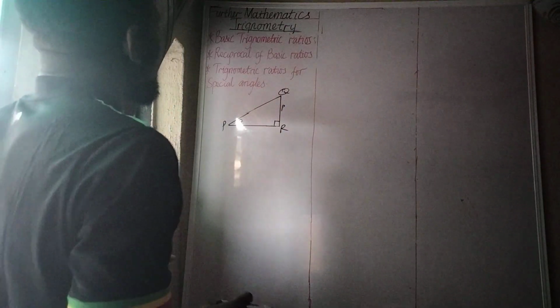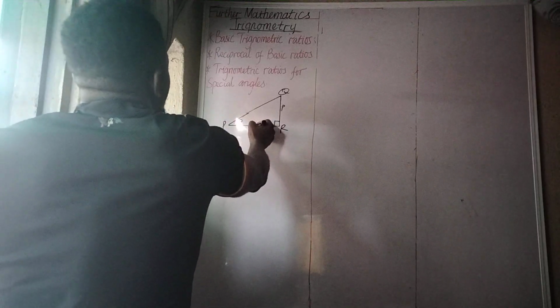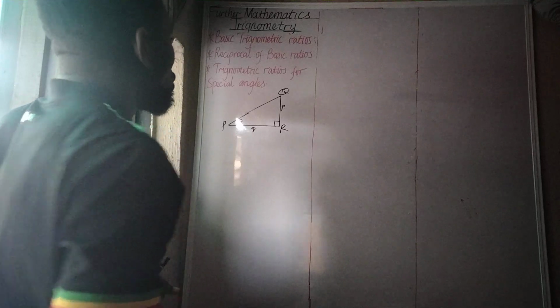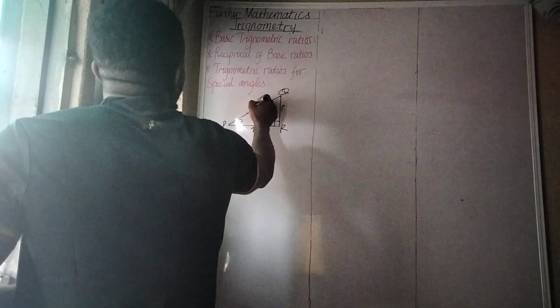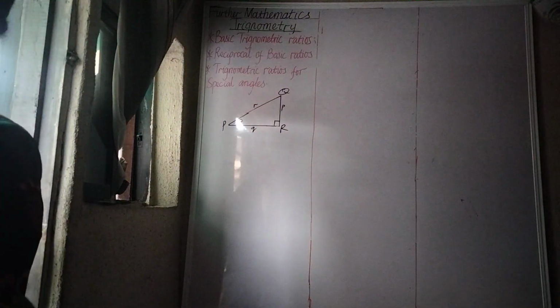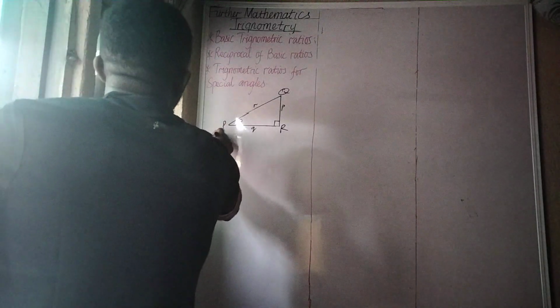Adjacent to this angle is this side, and we are going to designate it with small letter q. Then the longest side of this right angle triangle is facing r, and we're going to designate it small letter r.